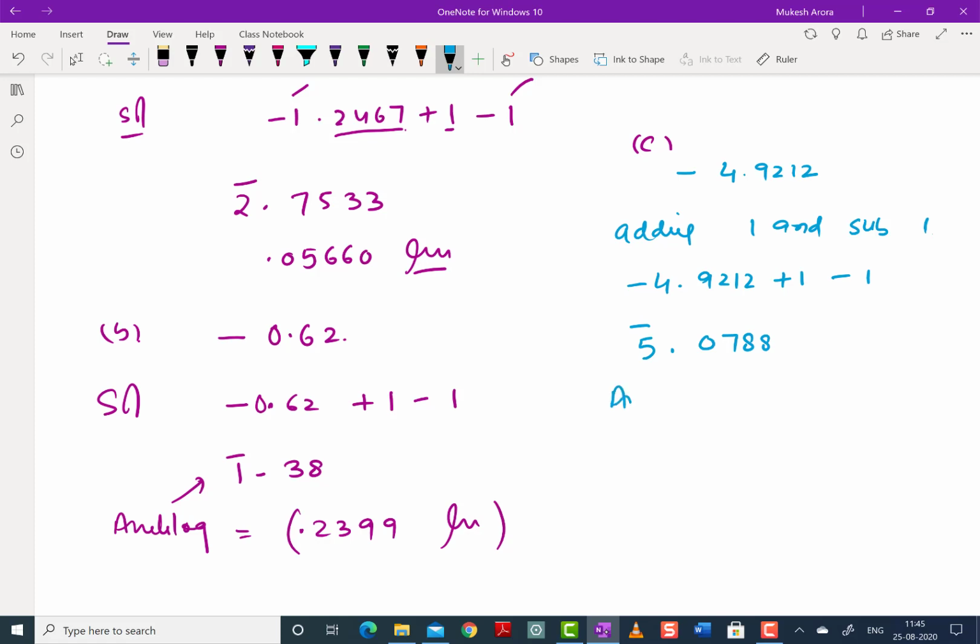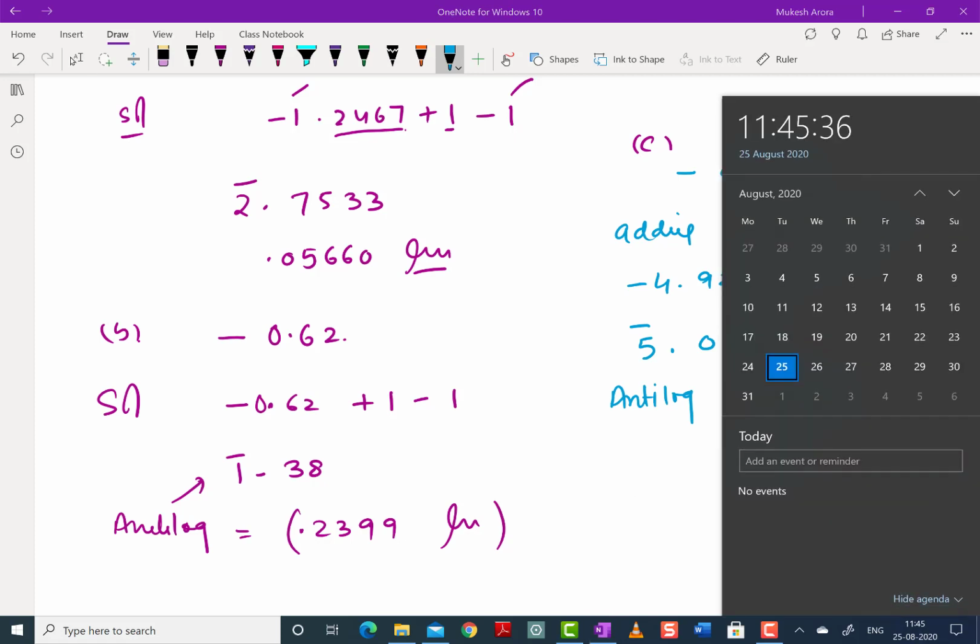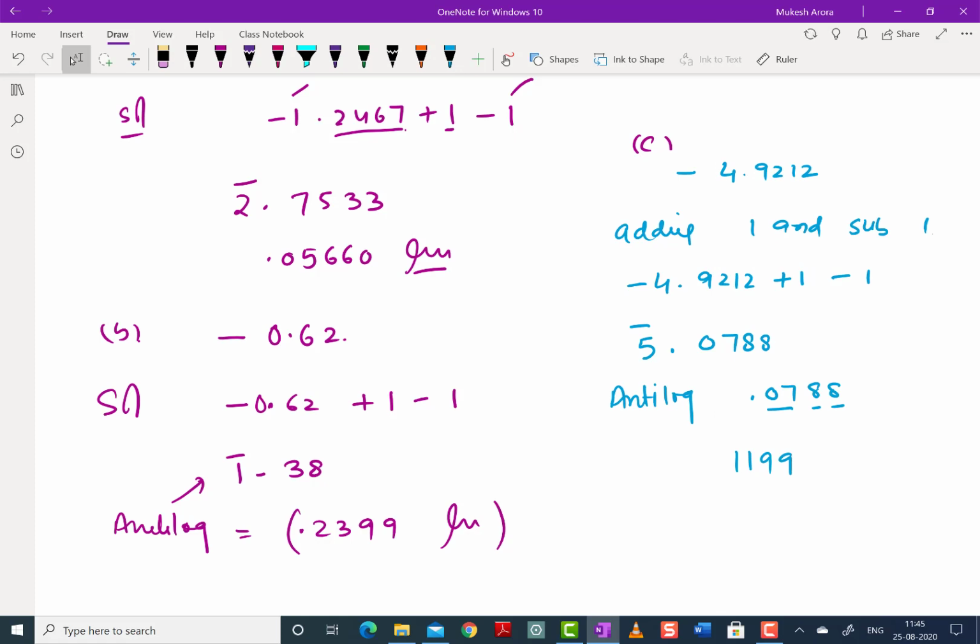Now we will see the antilog of 0.0788. Antilog of 7, then 8 and 8. When we see the antilog of 7 and 8 and 8, it will be 1199, right? And this is 5 bar, so the antilog of this is 5 plus 1, 4. It will be 0.00001199. This will be my answer.